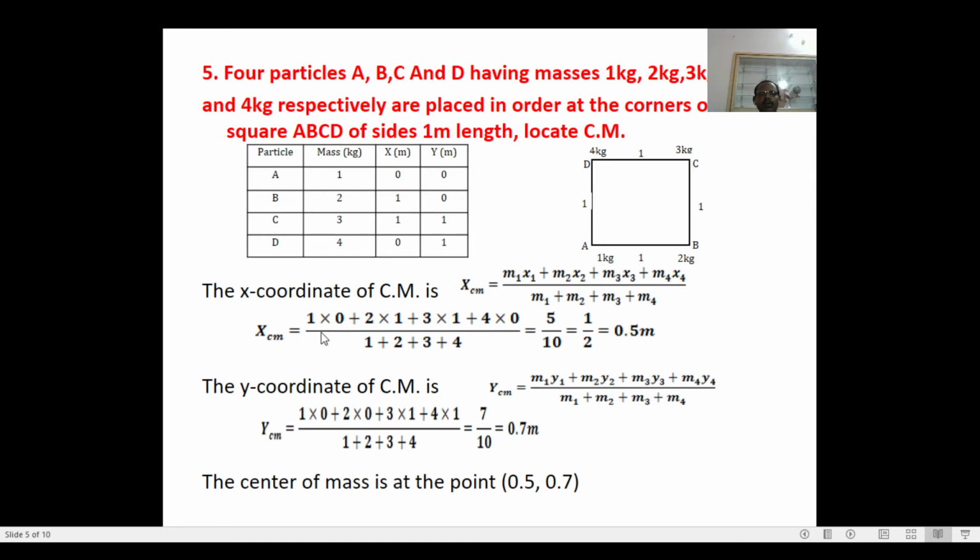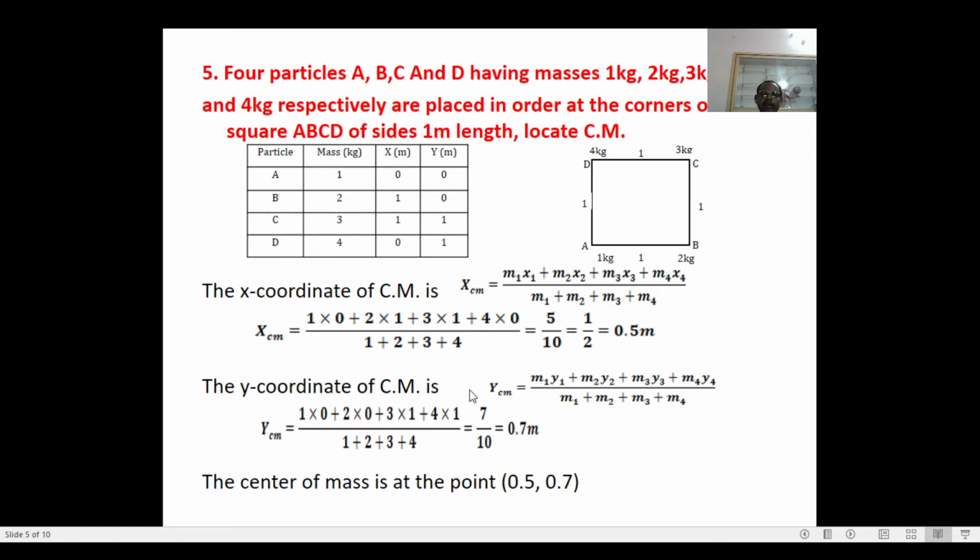Now xcm is equal to 1 into x1 is 0, plus m2 is 2 kg and x2 is 1, plus particle 3 is mass 3 kg into x3 is 1, plus 4 into x4 is 0, divided by masses. Take summation of all the masses 1 plus 2 plus 3 plus 4, which is equal to 5 by 10, which is equal to 1 by 2, which is equal to 0.5 meter.